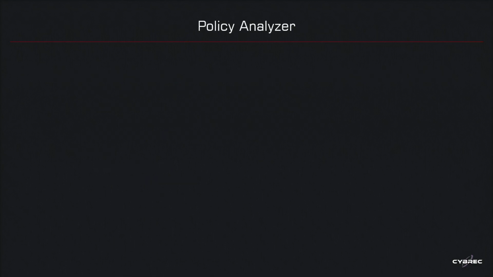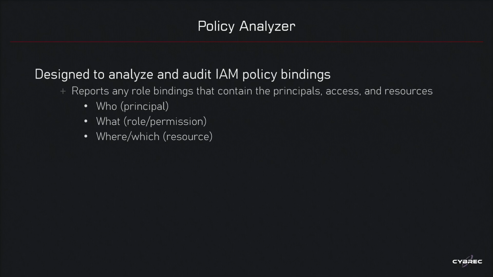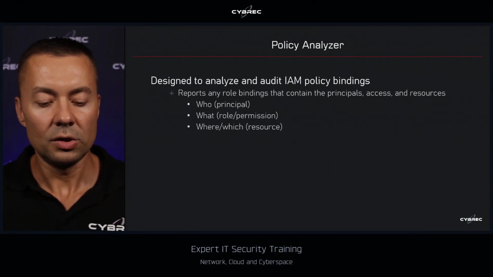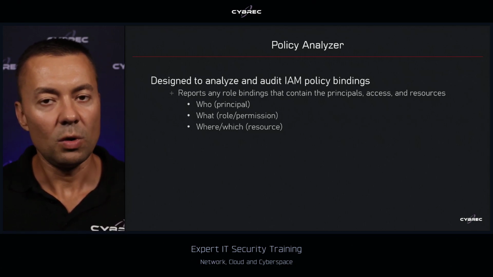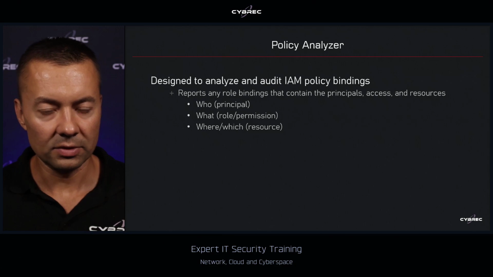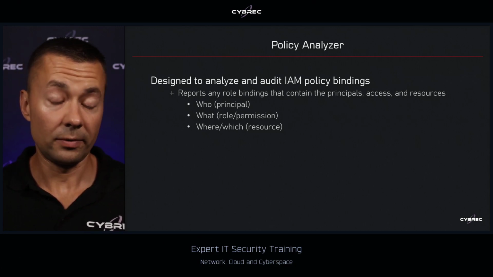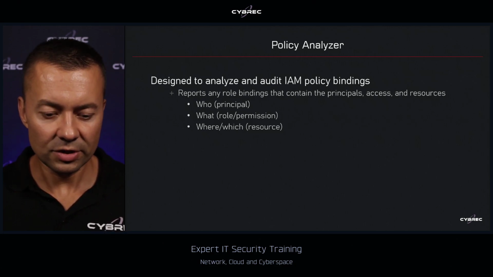We're going to start with Policy Analyzer, which is designed to analyze and audit IAM policy bindings. This is something that we will use to determine who, which is going to be the principal, has what access, so what type of roles and even permissions, to which resources, or basically where within the organization.